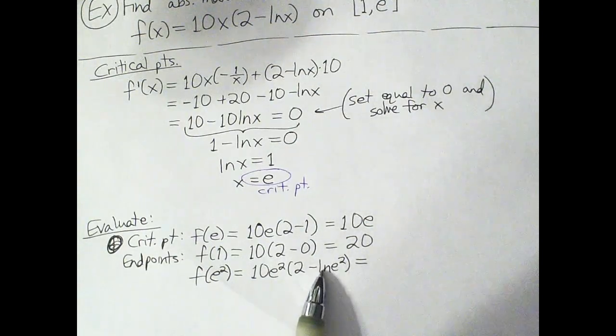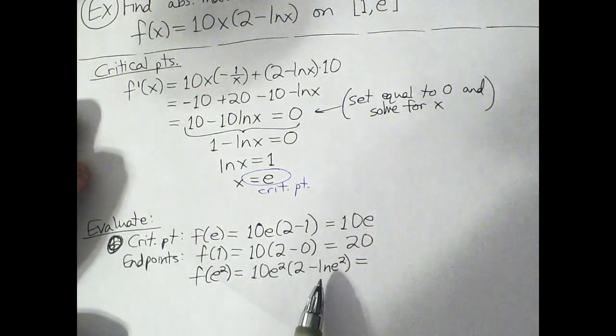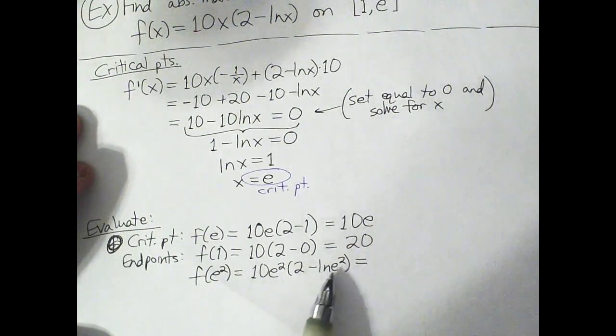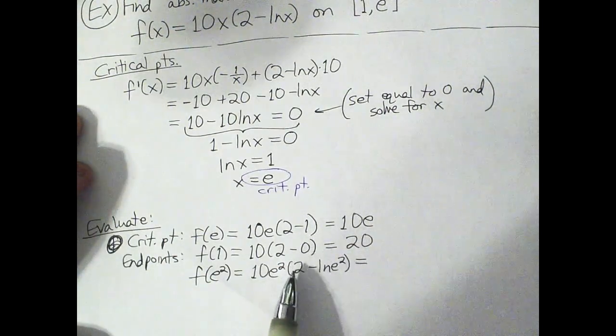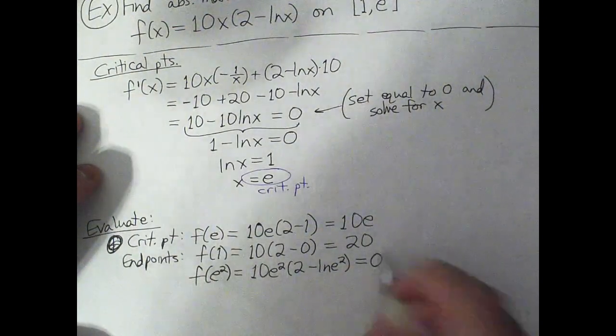What does ln mean? What does e to the power mean? You know that they are inverses of each other. So ln of e squared is 2. You learned that at one point in an algebra class or pre-calculus. So in parentheses here, we have 2 minus 2, which is 0. So the whole thing is 0.